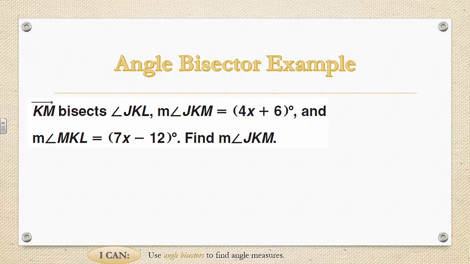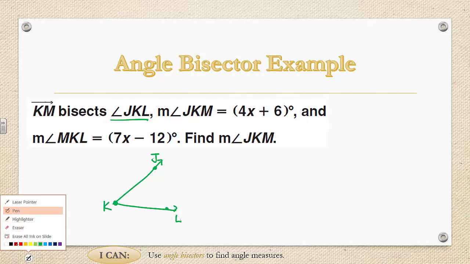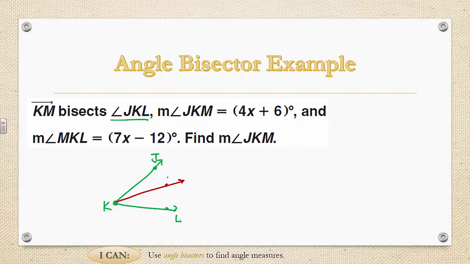So a lot going on here. Draw yourself a picture. We have this angle right here, JKL. This is a ray that goes on forever. These are points here. And if KM bisects that, remember that means it cuts it into two equal pieces.